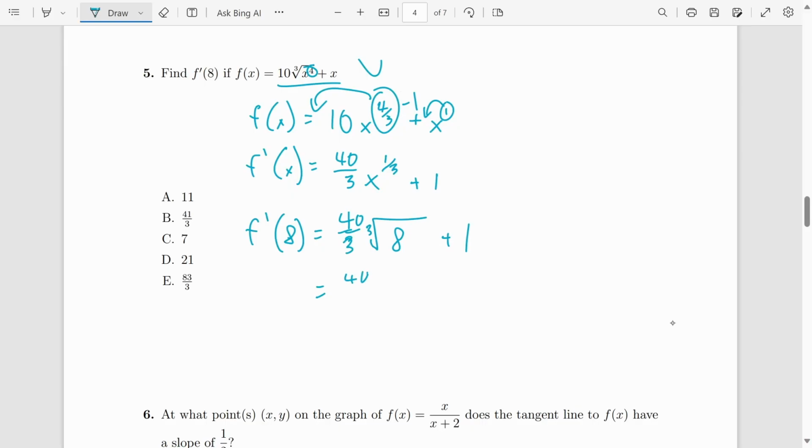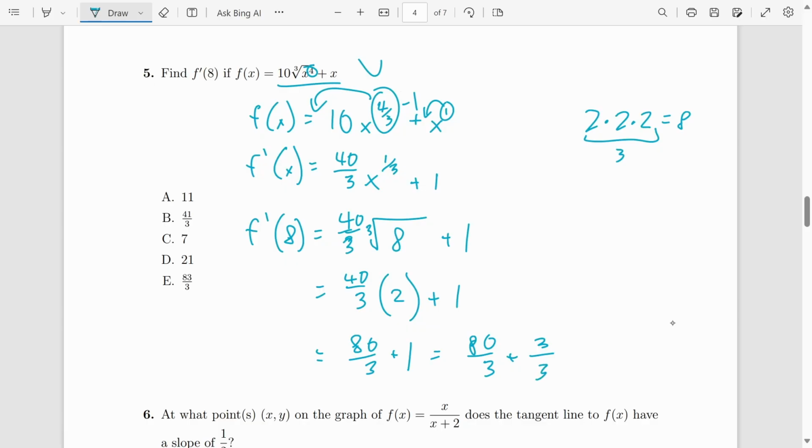Simplifying, the cube root of 8 is going to be 2, because 2 times 2 times 2 equals 8. That is 3 2's, so 2 to the 3rd power. And then plus 1. One more step, we have 80/3 plus 1, which equals 80/3 plus 3/3, which equals 83/3.